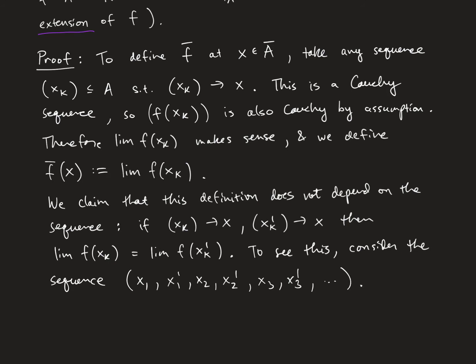There's actually an exercise you did for homework. It's back in the first section on sequences in the text, and it showed that if you have two sequences which are converging to the same limit, and you do this interleaving of the sequences, then this sequence also converges to the same limit.